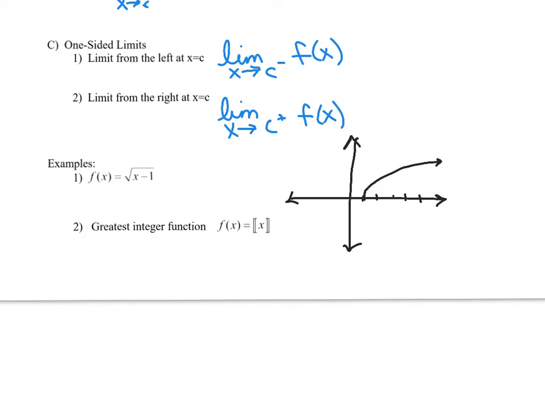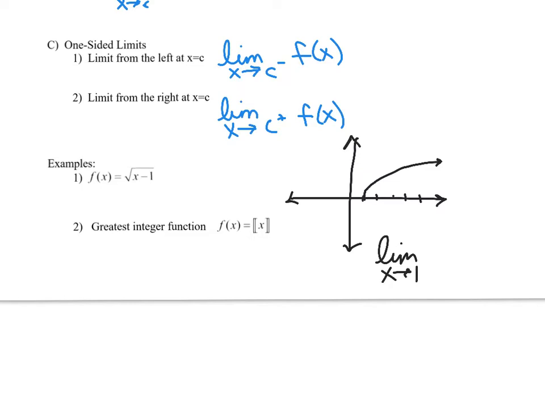So what I notice for this one is that I can take a limit, and the limit that I want to look at is the limit as x approaches 1. But I can't just take the limit as x approaches 1 because I don't have function values on the left side. I only have function values on the right side.